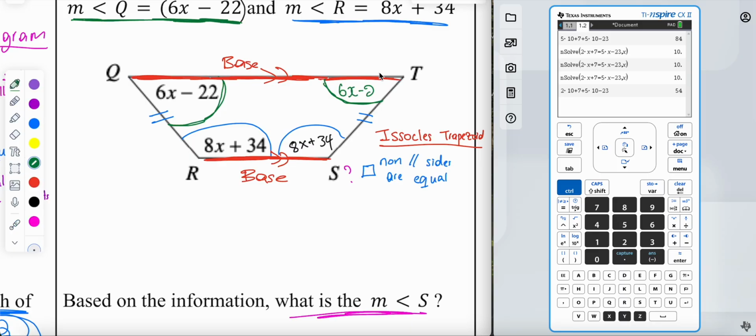All right, so in an isosceles trapezoid, base angles are equal. So again, not these two. Not these two. It's the ones along the base. These two are equal, and these two up this base are equal.